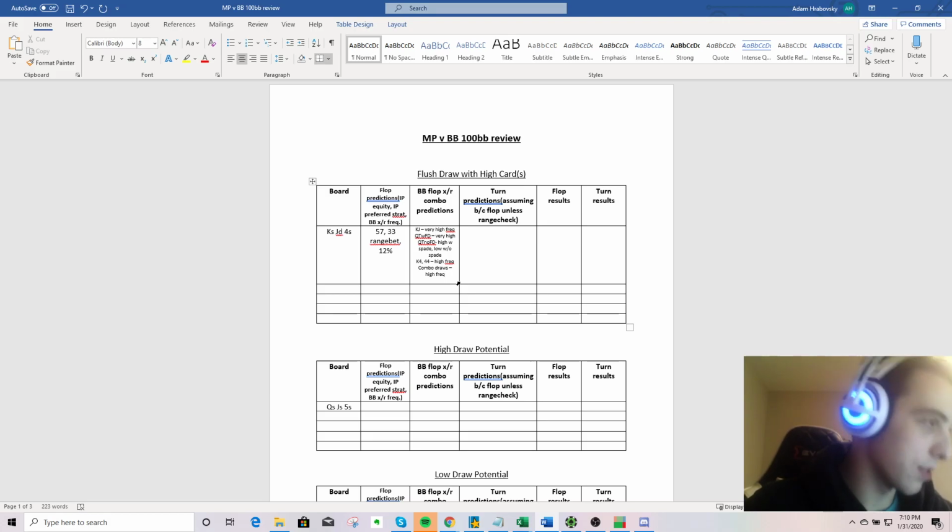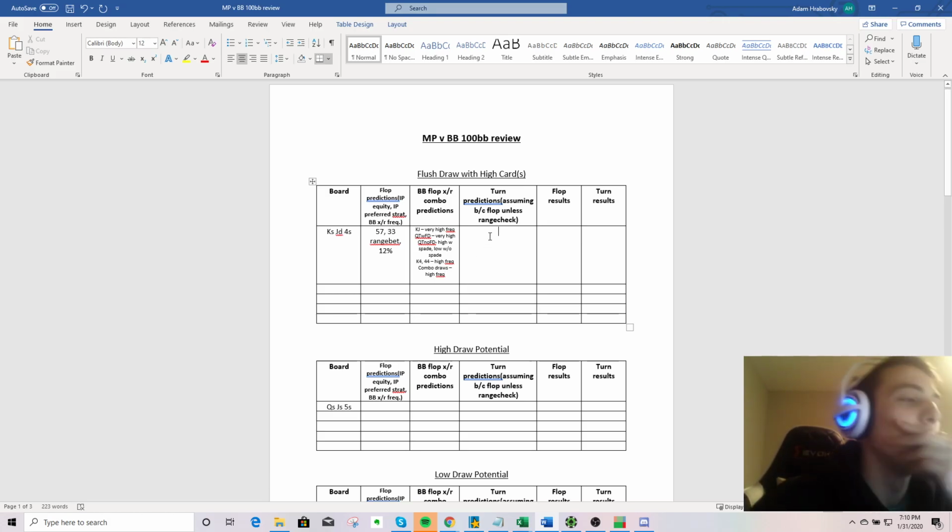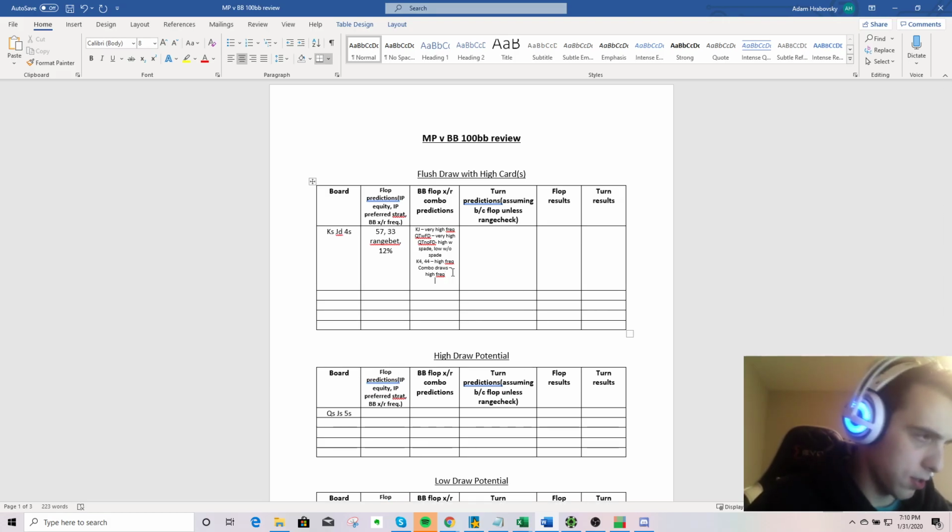Ace 10 of spades, potentially, although I don't know how much that wants to raise. But combo draw is going to be high frequency. And what other raises do we have here? Probably just some. I don't know if Queen 9's ever going to be raising here.